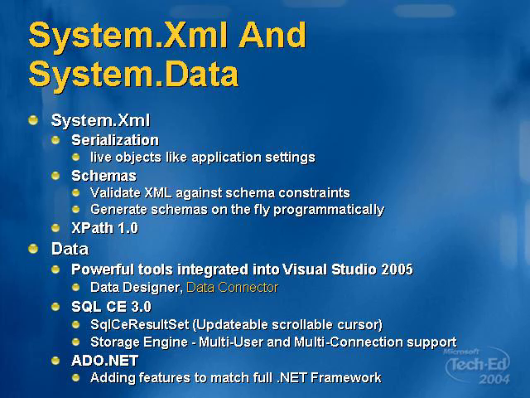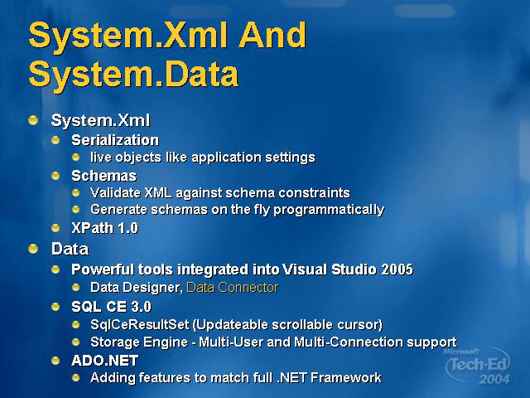Scott showed a whole bunch of the powerful data features that we have, the data designer and the data connector in VS 2005. SQL Server version 3.0 is also going to be included in the Windows Mobile releases that feature Compact Framework v2. One of the coolest things in SQL CE 3.0 is the SQL CE result set. It's a strongly typed, updatable, scrollable cursor view on your data.